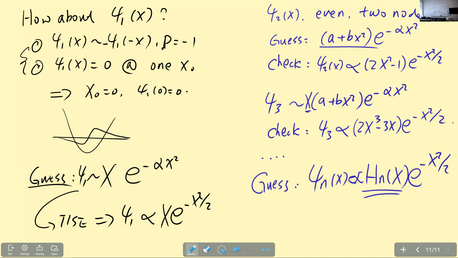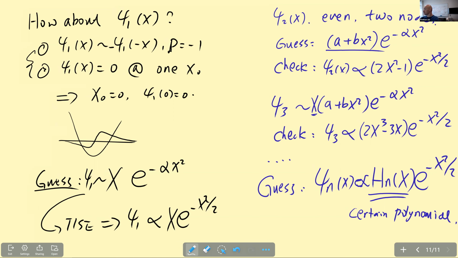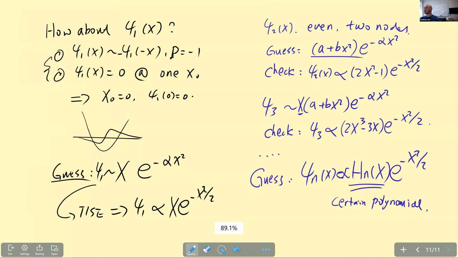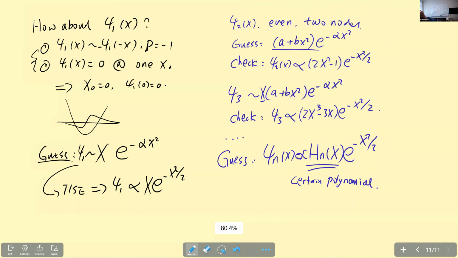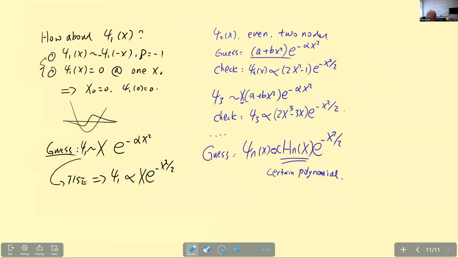So this will be a certain polynomial, right? And also look at the energy. Let's check the energy. The energy for this one actually is 3/2 times h bar omega.